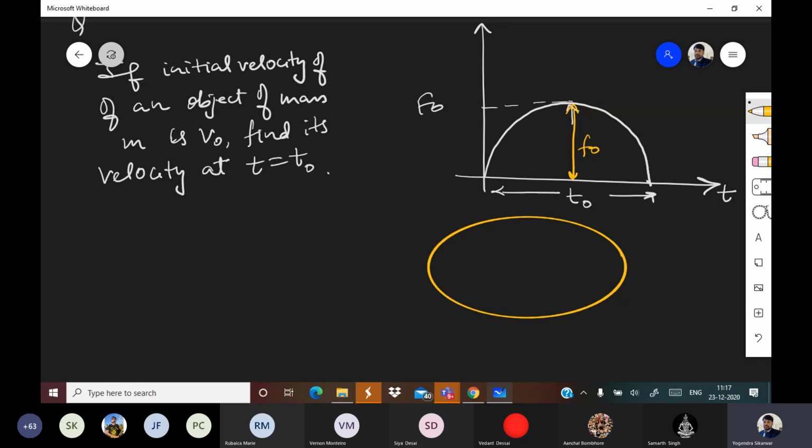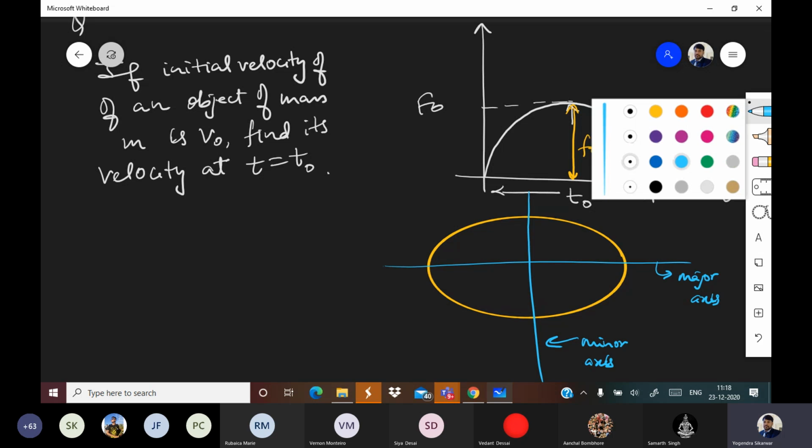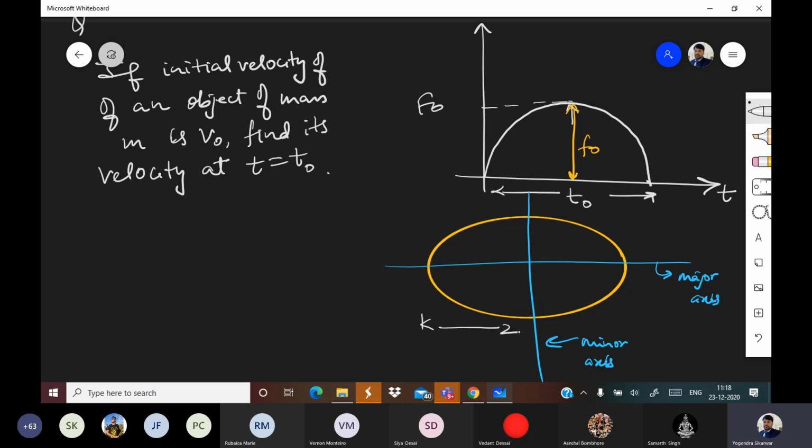So this is an ellipse which I have drawn. On or for this ellipse, this is called major axis and this is called minor axis. These distances basically from here to here it is 2a and from here to here it is 2b. So this distance is a and this distance is b.